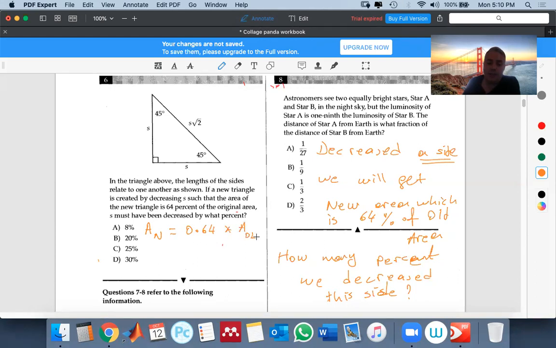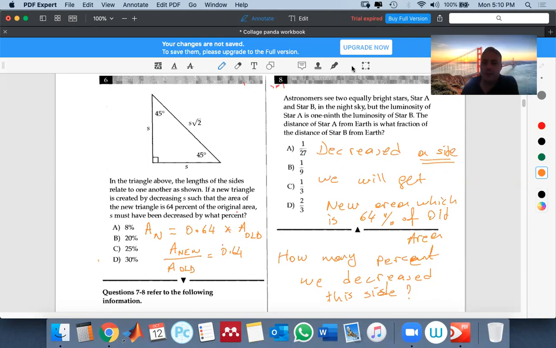Let me write this equation. The new area is 64% of the old area. So as a ratio, area new over area old is equal to 0.64. Okay, till here I think there is no question.